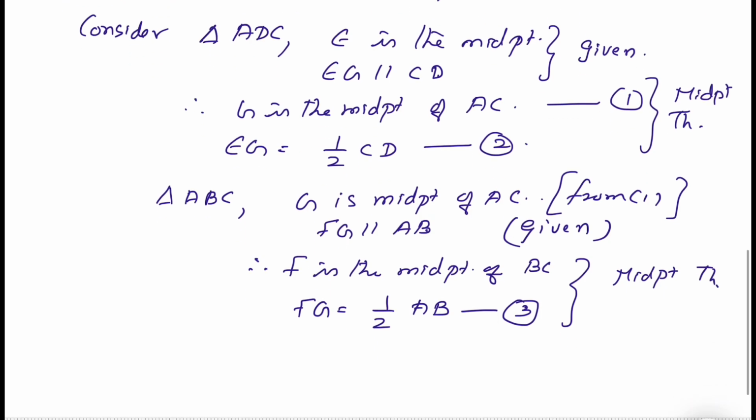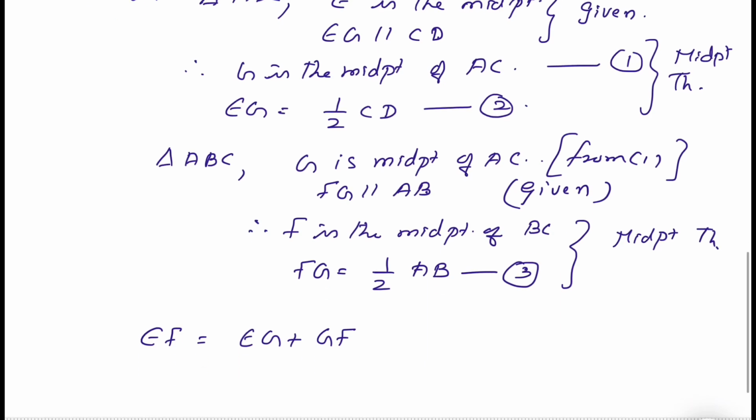Now, you have to find the length of EF. So, EF is equal to EG plus GF. Refer to the diagram, EG plus GF. So, EG equal to half of CD plus GF is half of AB from 2 and 3.